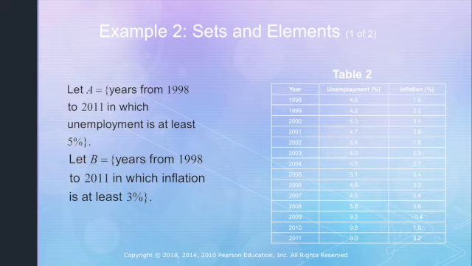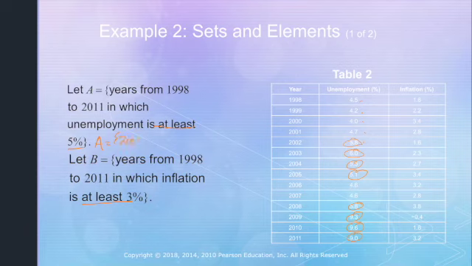So let's figure out what years are going to be in A. I want the unemployment at least 5%. So we start at the top and we go down. Up here's one year where it's 5%. Here's another one. Ooh, then it got really high. Okay, so set A includes the years 2002 through 2005.